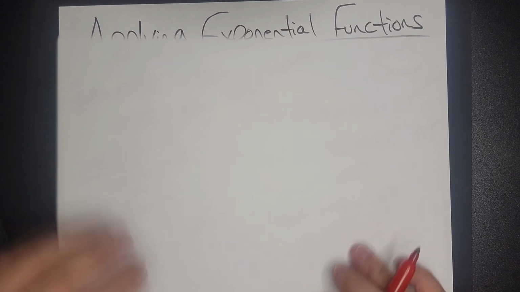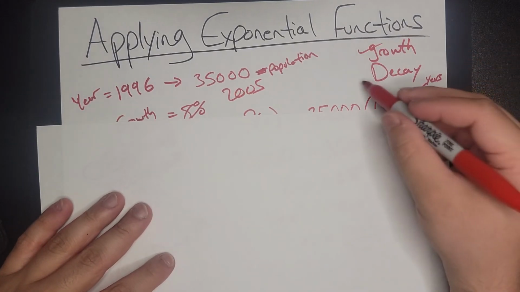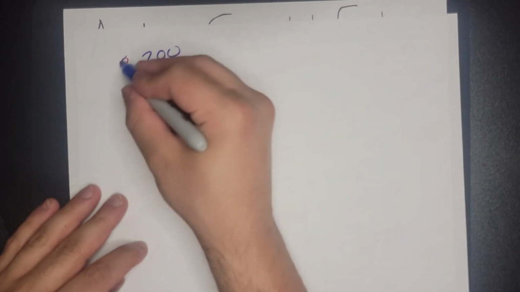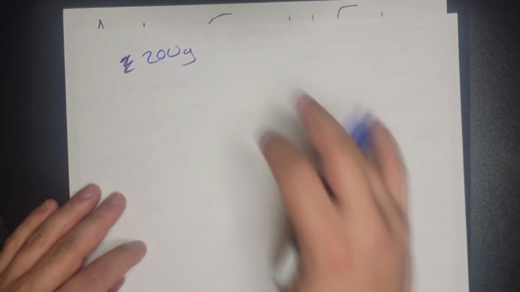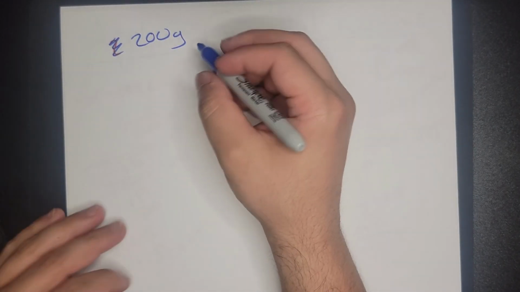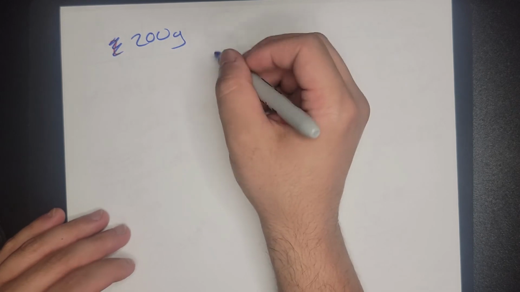So now we're gonna look at a decay problem. We looked at growth, let's look at decay. So say we have 200 grams of some sort of material. Let's say it's plutonium or something.